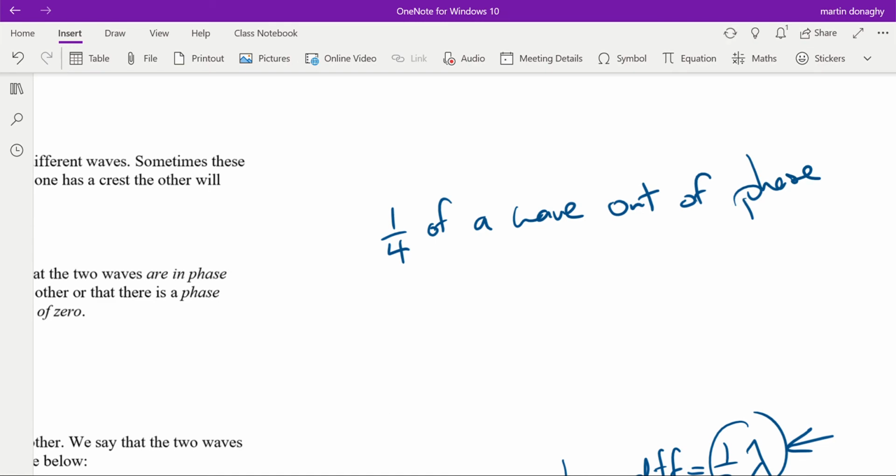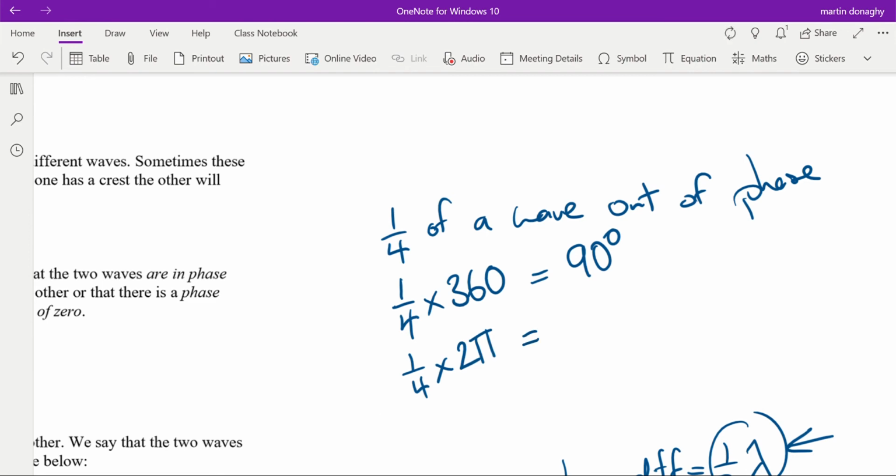But I can represent that as an angle in degrees. So a full wave is 360, therefore a quarter of a wave will be 90 degrees. Or likewise, I can represent it in radians, where instead of using the 360, we use 2 pi, and that would give me that it's pi over 2 radians out of phase.